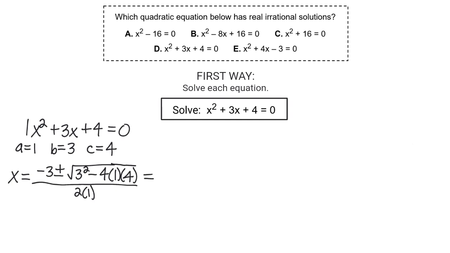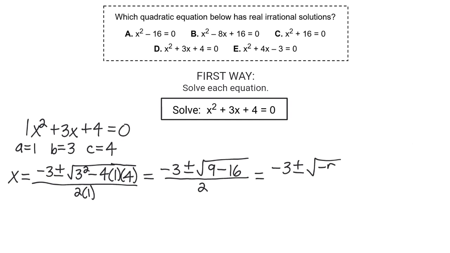Working that out, you're going to end up with negative 3 plus or minus the square root of 9 minus 16, all over 2. This is going to be negative 3 plus or minus the square root of negative 7 over 2. We're taking the square root of a negative number, so we know this is going to end up being imaginary.